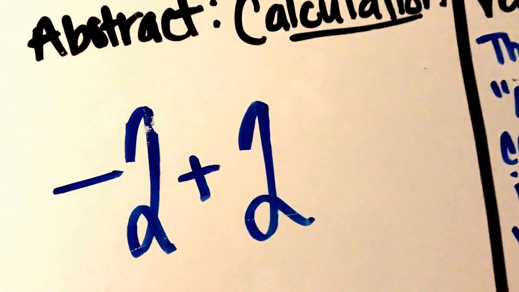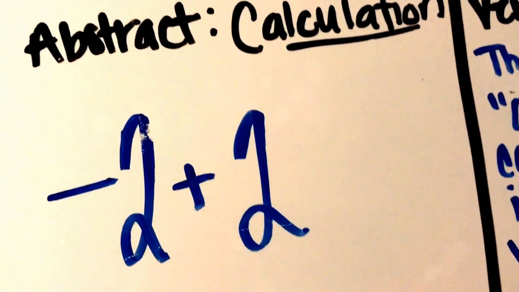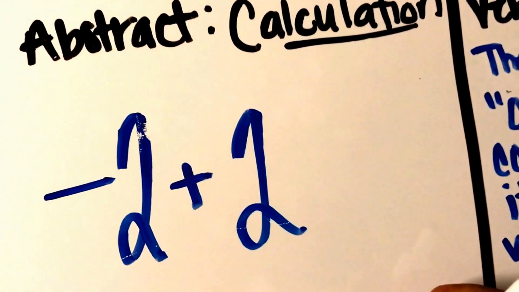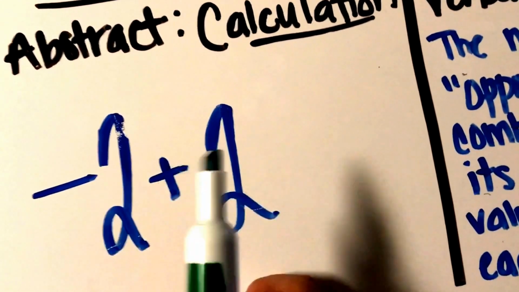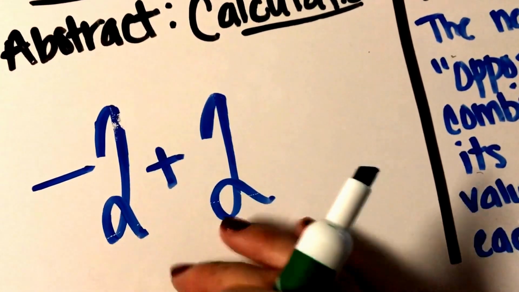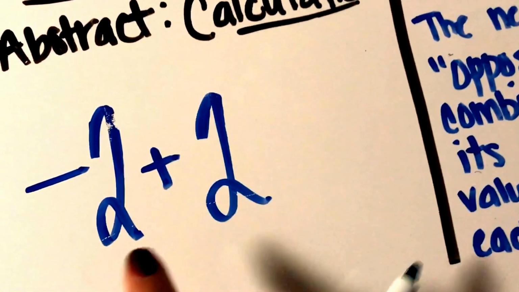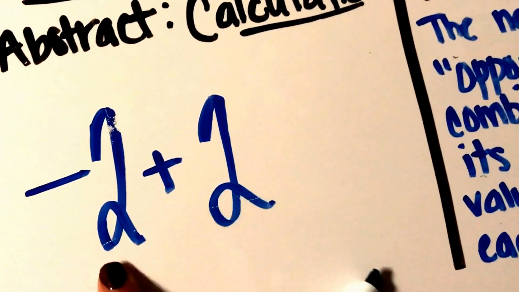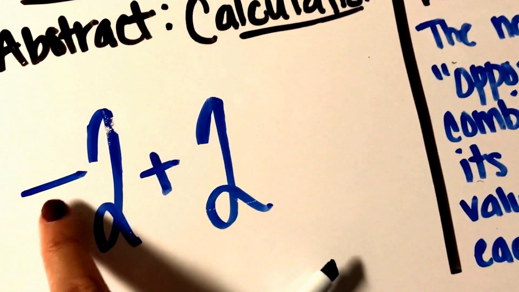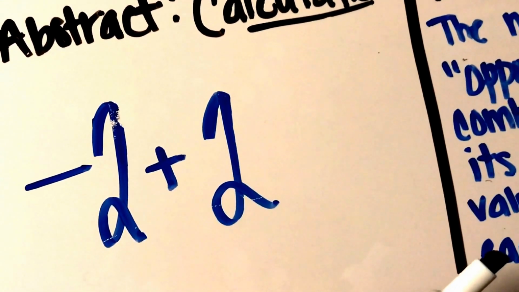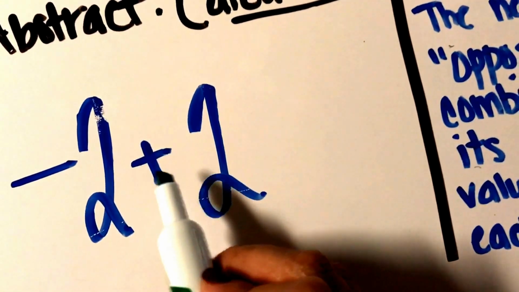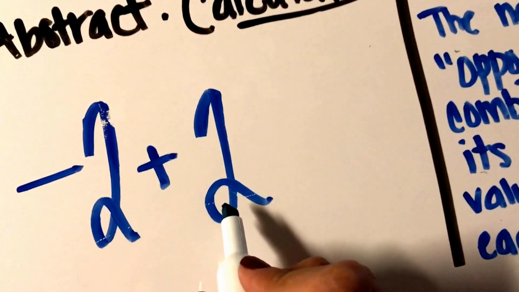You really need to understand what you're doing. So we will learn a lot of rules about negative numbers and integers and adding, subtracting, multiplying, dividing them this year. But right now I'm looking at it, we're adding them. The numbers have different signs. They have a negative and they have a positive. So if that is the case, we're going to subtract them.